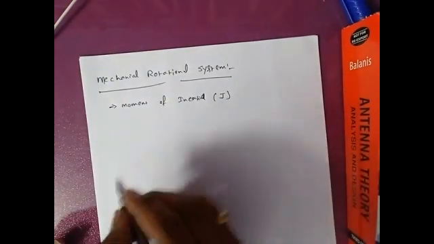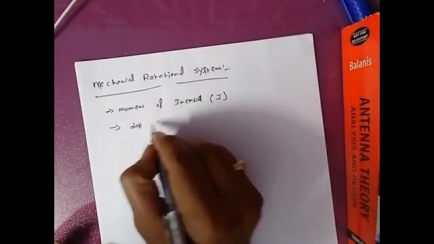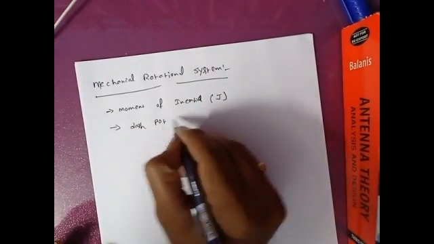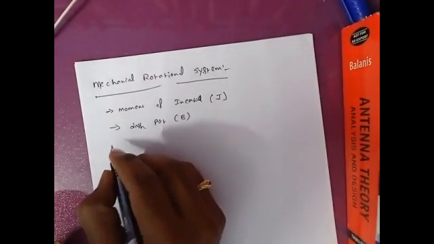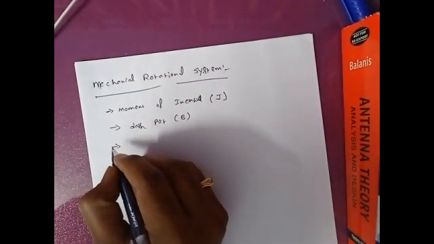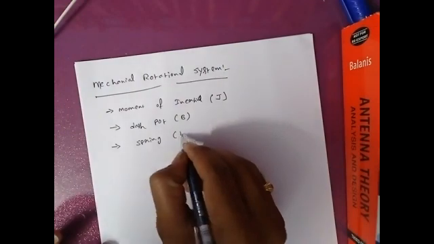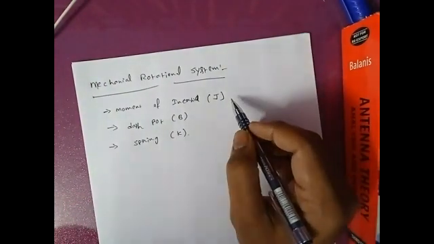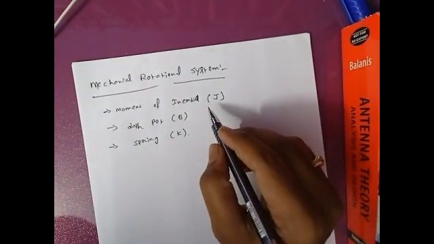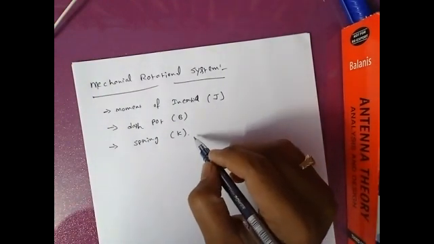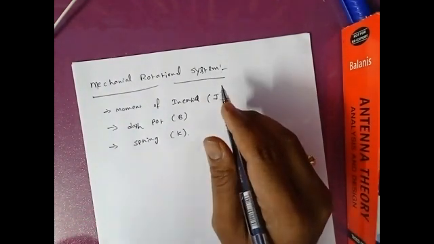Here we will represent it with J. The second one is the dash part, which will be represented with B, and the third is the torsional spring, which will be represented with K. So the moment of inertia of mass, the frictional coefficient of the dash part, and the spring. By using these three, we are able to obtain a system.